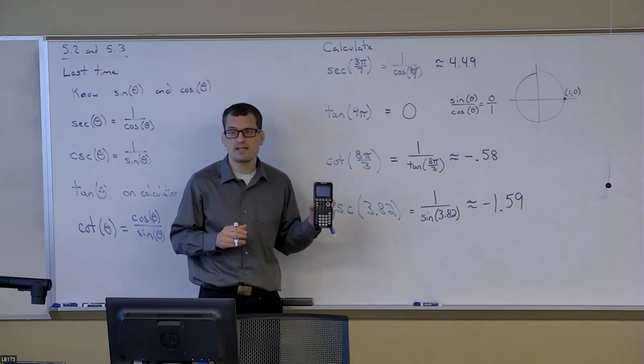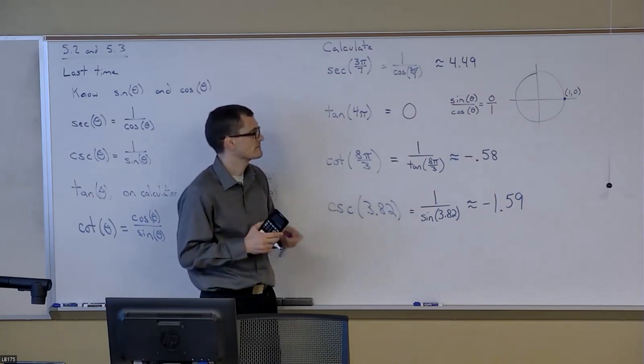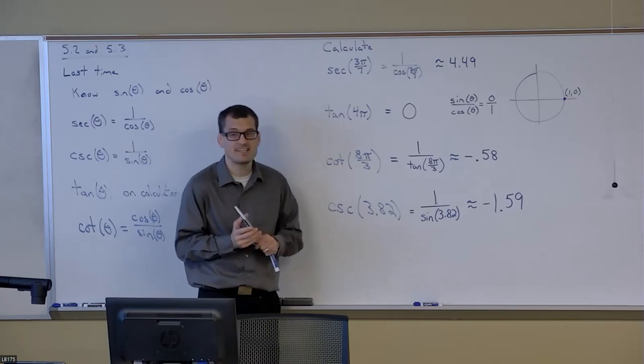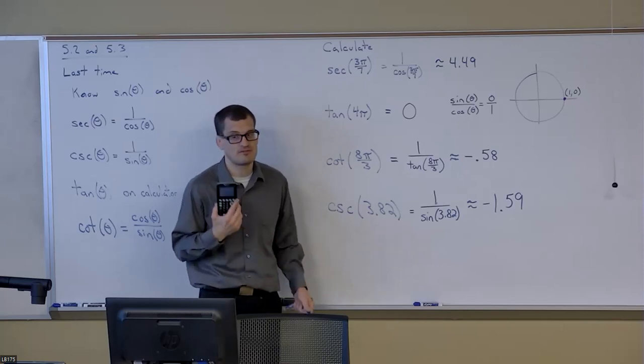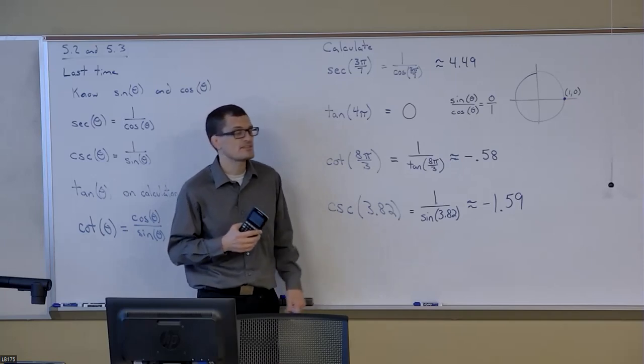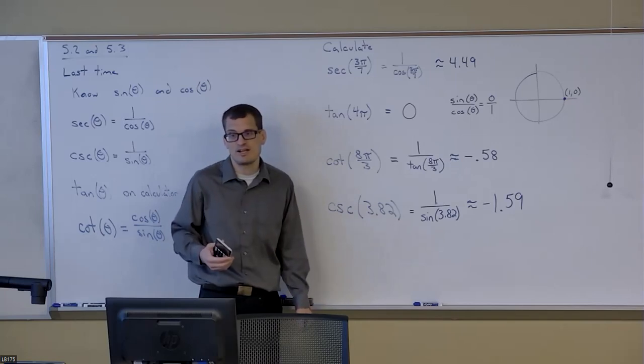But my calculator, the way it works with tangent, it didn't give me exactly 0. It gave me something very, very close to 0, but it didn't give me 0. And this is kind of one of the intricacies of the calculator, all right?